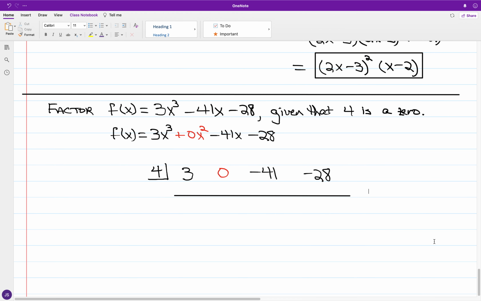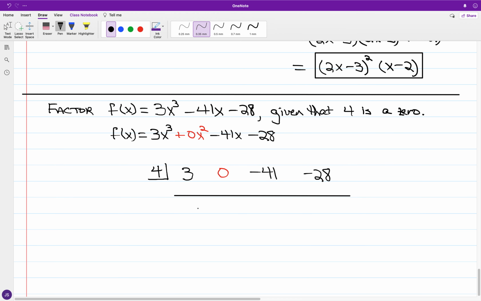In looking at the synthetic division, the leading coefficient from the dividend is going to be the leading coefficient of the quotient, so this is brought down. Then 3 multiplied by 4 is 12, and 0 plus 12 is 12. 4 times 12 is 48, and negative 41 plus 48 is 7. Then 4 times 7 is 28, and negative 28 and 28 form 0.